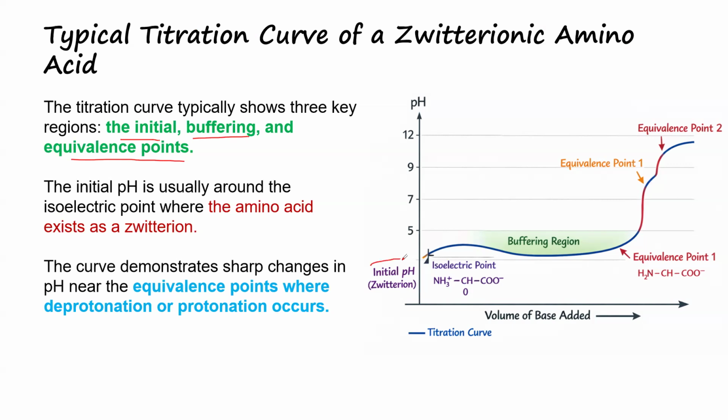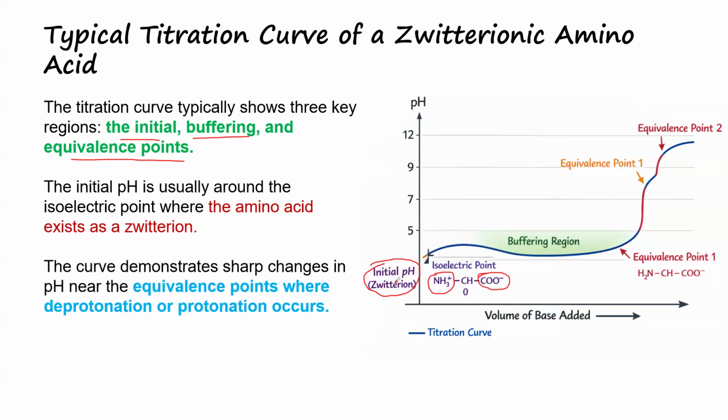So this is the initial pH, where we have our zwitterion, and at this initial pH, it means that the amino acid is at its zwitterionic stage, where the carboxylic group and the amino group are all ionized. Like, for example, the carboxylic group loses a proton, and the amino group gains a proton. So this is actually the initial pH.